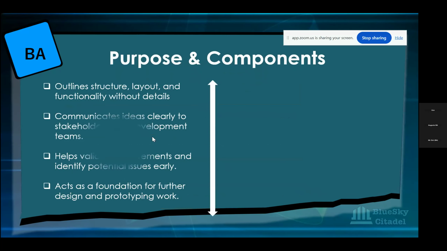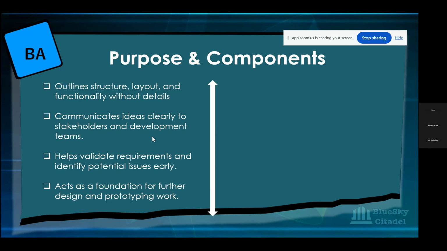Okay, so the purpose of your wireframe, like I said, is that it helps you align the structure, layout, and functionality. No details. I've seen some wireframes that have colors, or a privacy policy where they're importing the text. It's very unnecessary. Wireframes have dummy text.